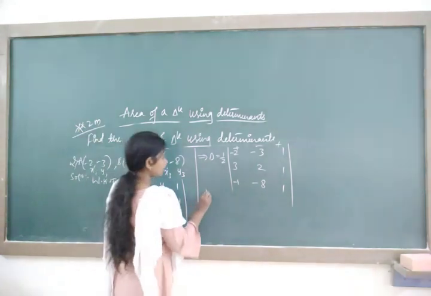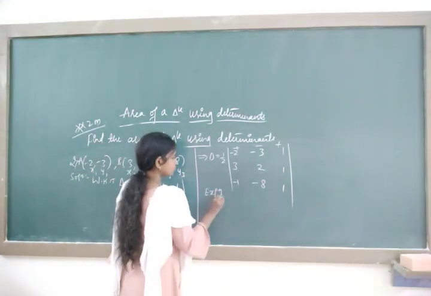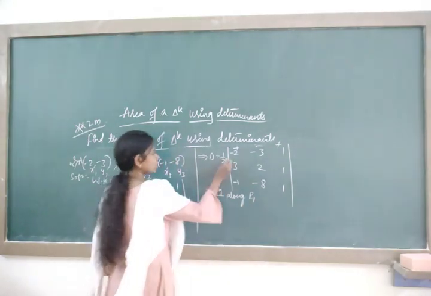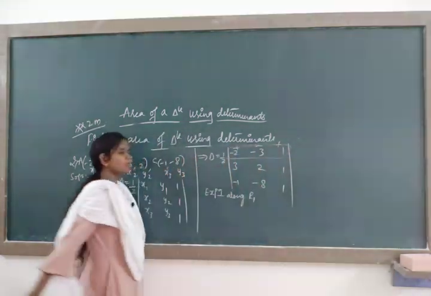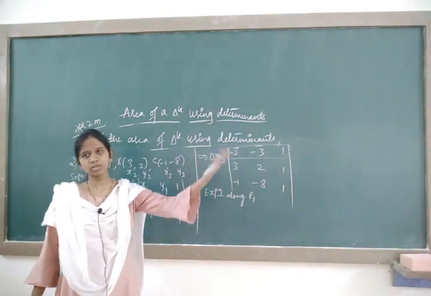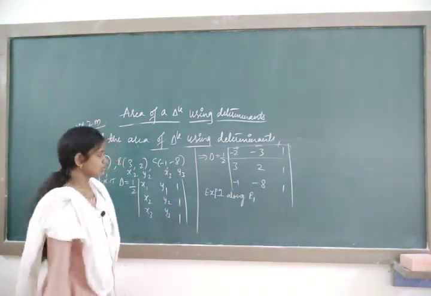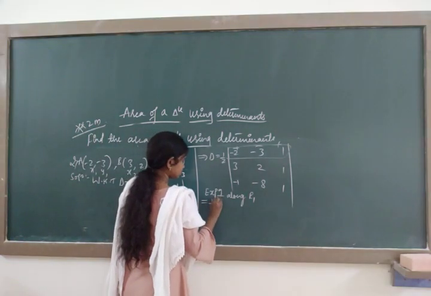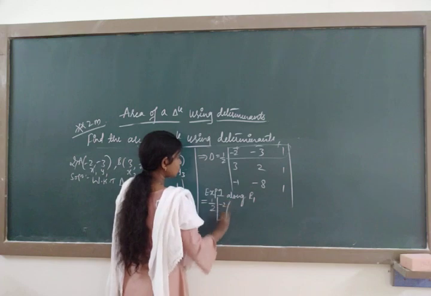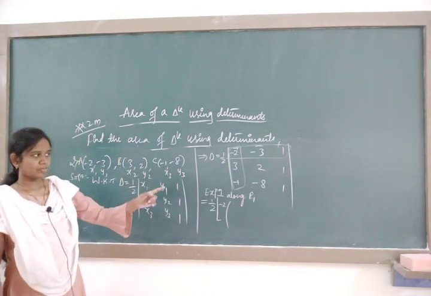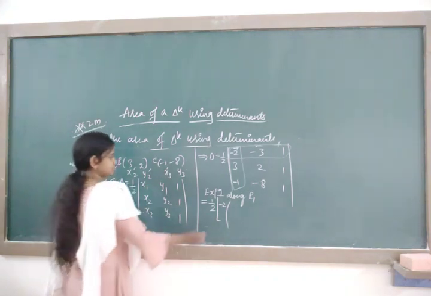I will expand along R1. When we expand along R1, the row one will be closed completely, and the first column, second column and third column will be closed one by one. It's minus 2 of, firstly the first column is closed, what remains is 2 1, minus 8 1.